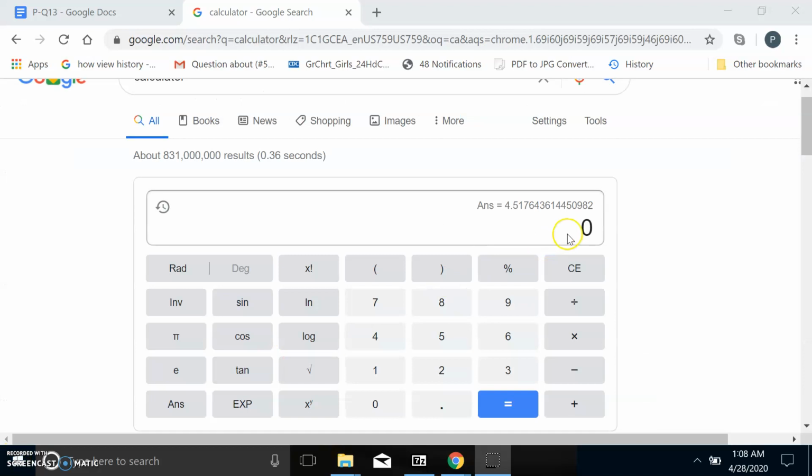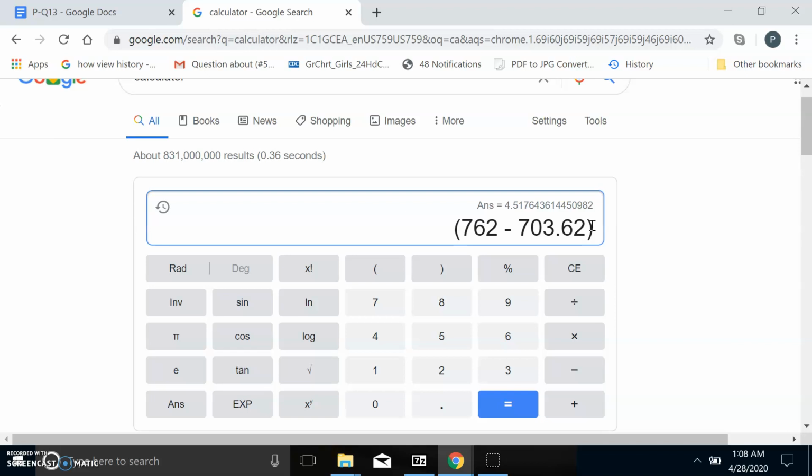Okay, so let me enter this expression into the calculator. So it'll be parenthesis, 762 minus 703.62, close parenthesis.